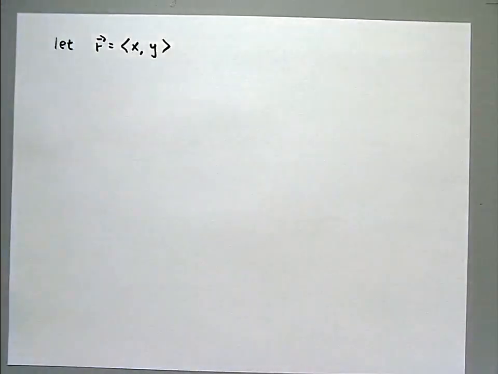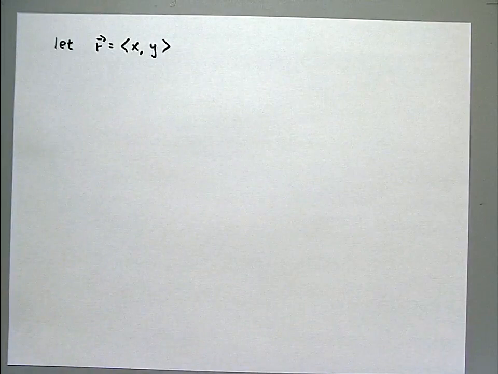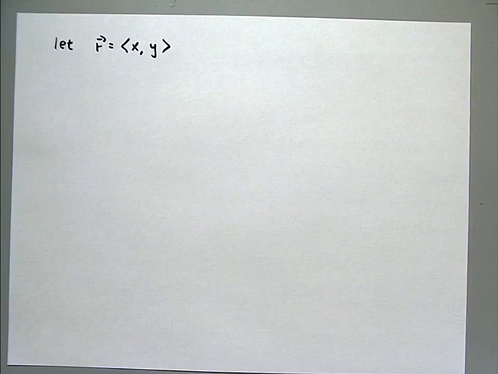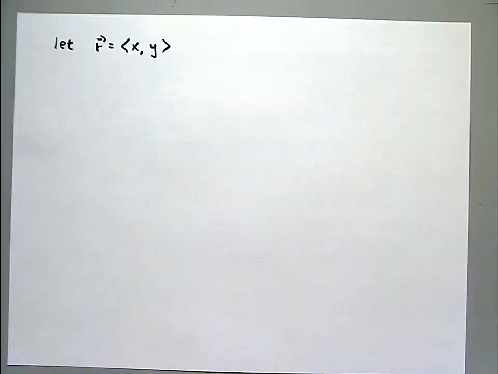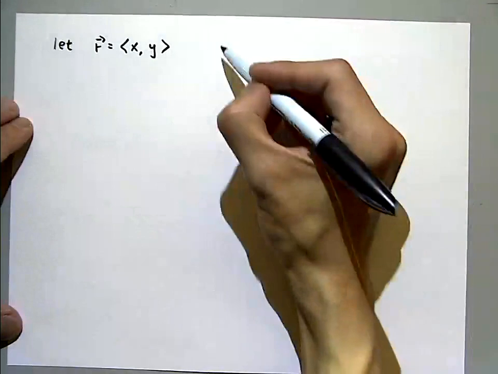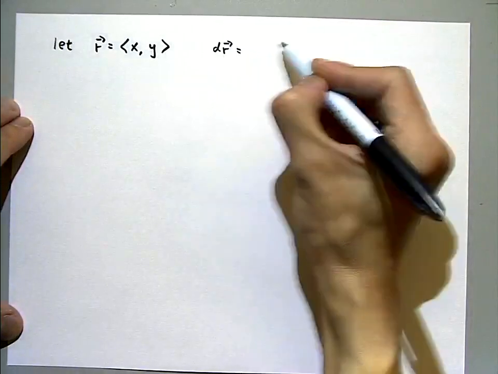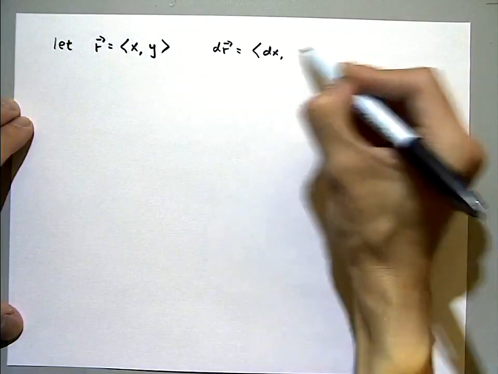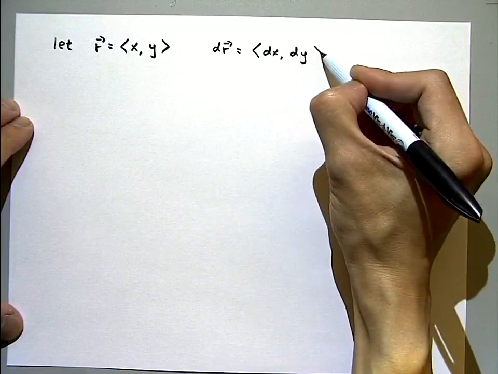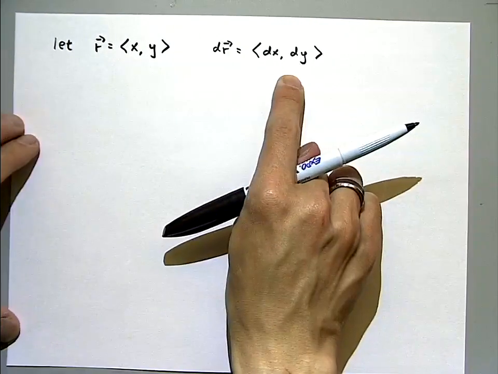Because we're going to use Green's theorem now, we really don't have to worry too much about how we parameterize that path. We just say it's x, y, whatever x and y happen to be. Then, of course, dr turns into dx dy.